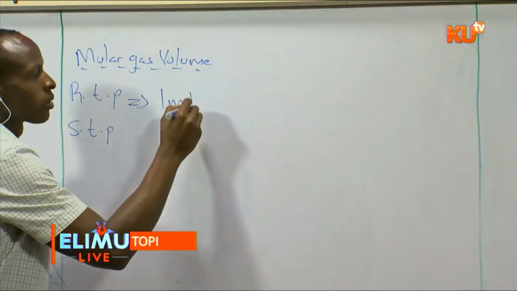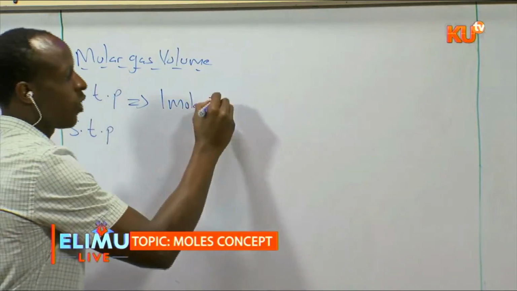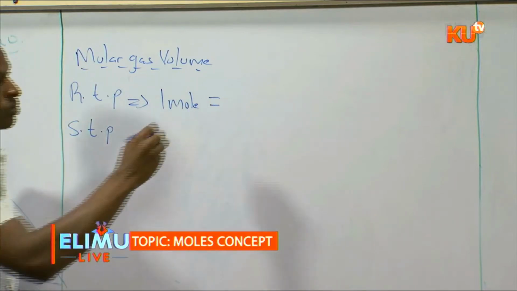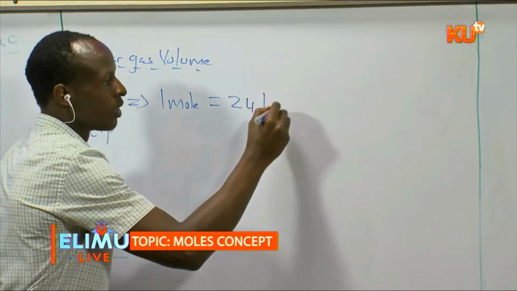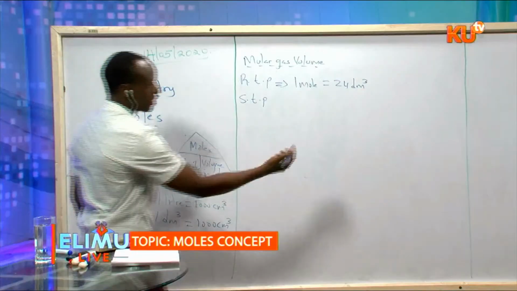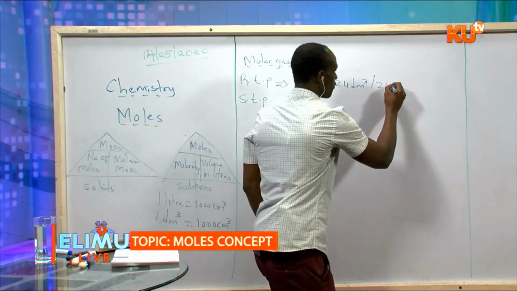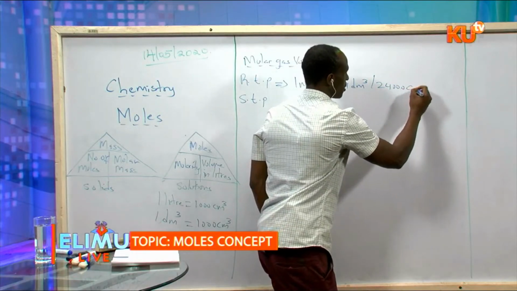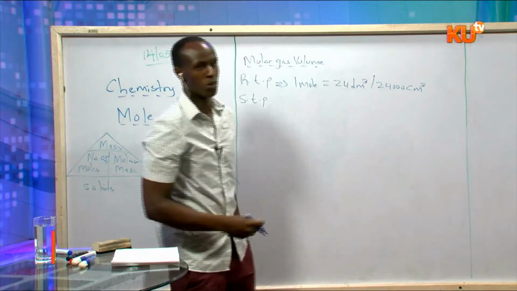That 1 mole of a gas has a volume of 24 dm cubed, which is the same as 24,000 centimeter cubed.